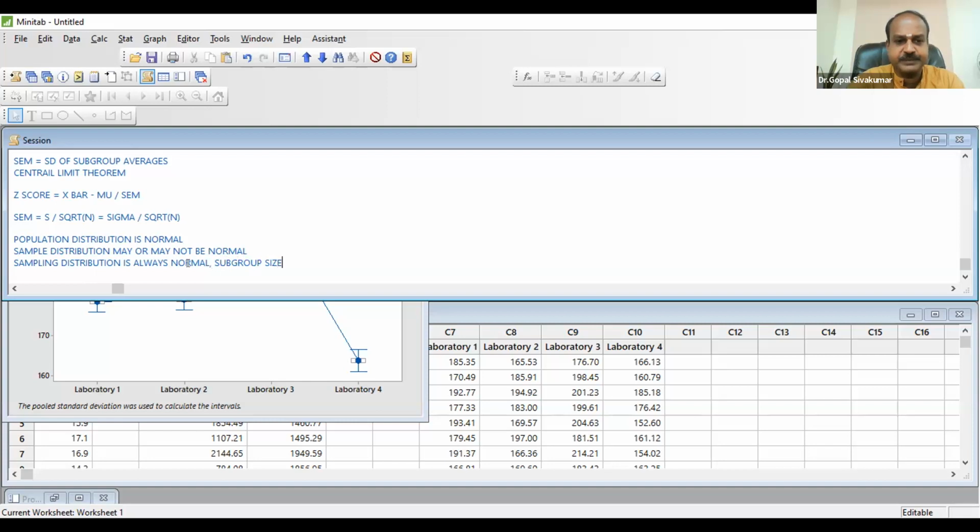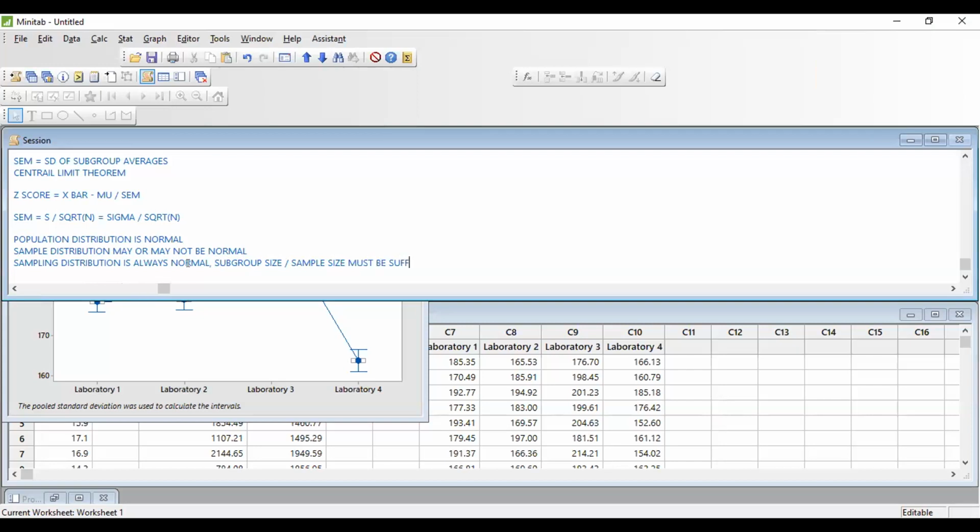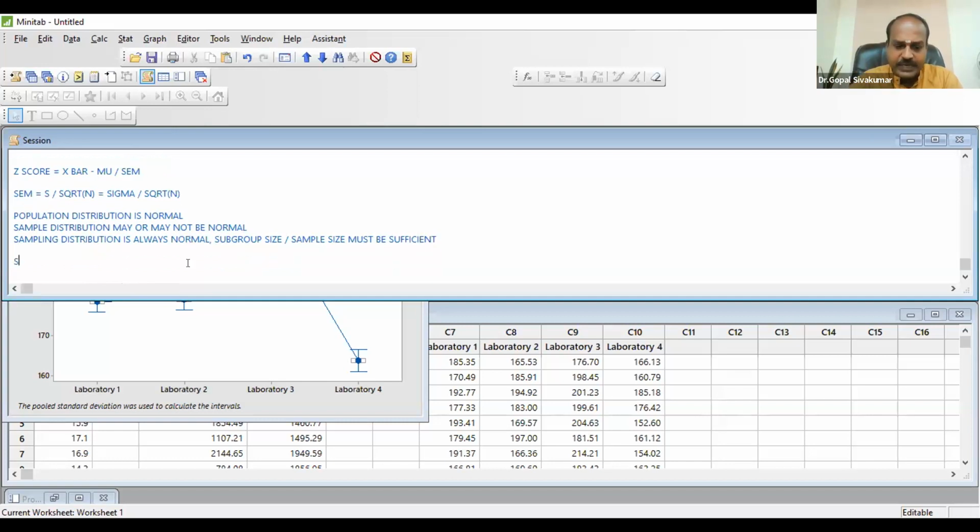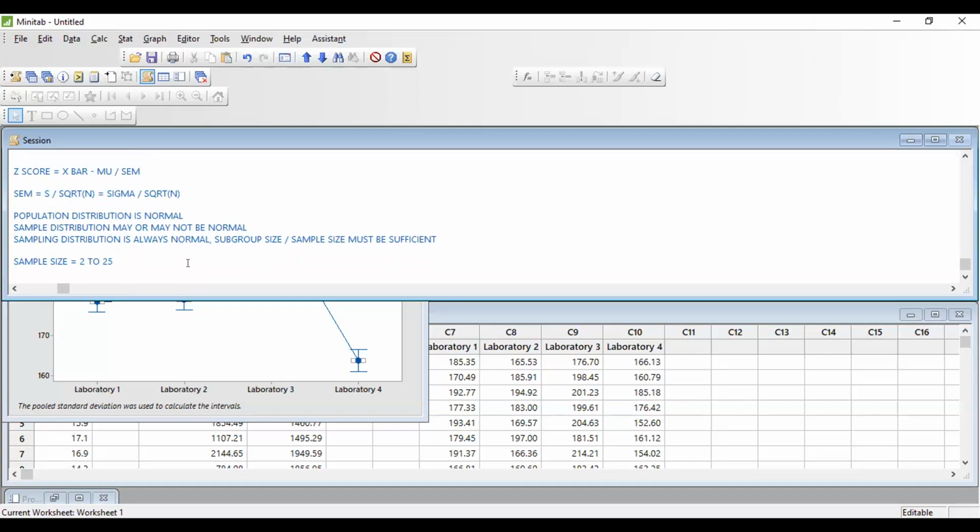Subgroup size, or sometimes people call it sample size, must be sufficient. Do you understand the meaning of it? Sample size must be sufficient. And the sample size for the sampling distribution is always from 2 to 25 maximum, that's all. 2 to 25. Do you understand what I'm telling?